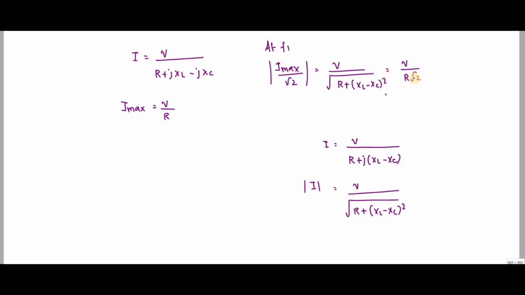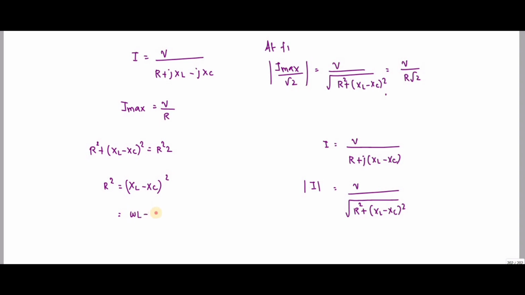So if I square this term, I will get R squared plus (XL minus XC) whole squared is equal to 2R squared. Okay, so this I can write as R squared is equal to (XL minus XC) whole squared.